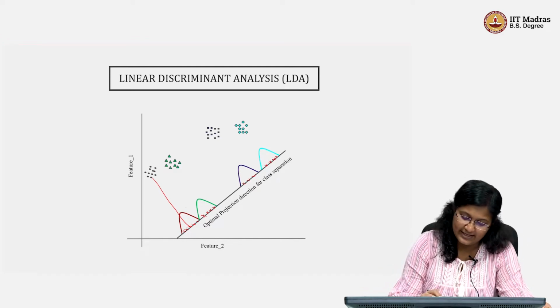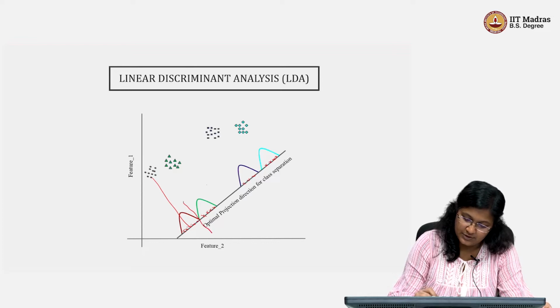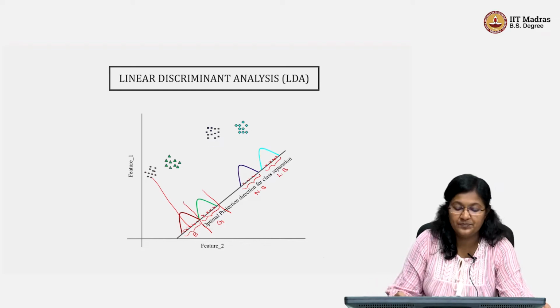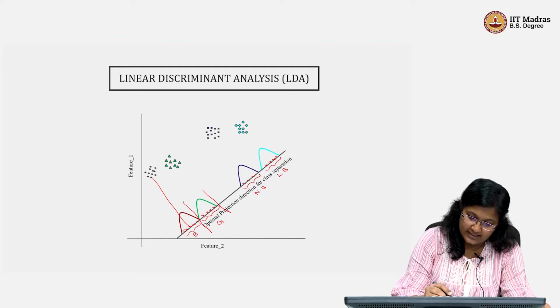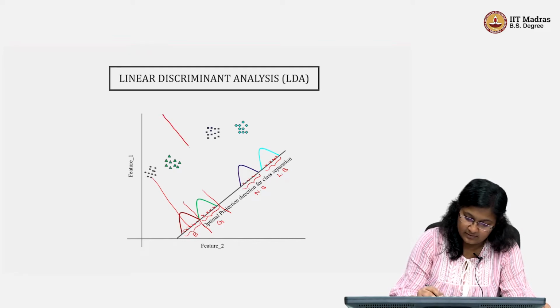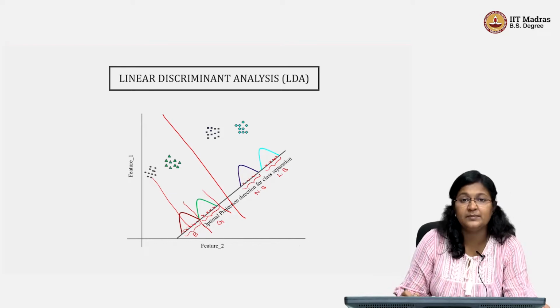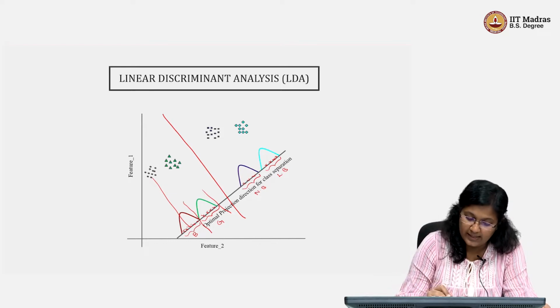And we can see that I can happily put some thresholds to say, if the features lie from this region to this region, then it belongs to the brown class. If the feature lies in this region, it is the green class. If it lies in this region, it is the navy blue class, and if it lies in this region, it is the light blue class. If I take a projection direction like this, say this is another projection direction, then what will happen?